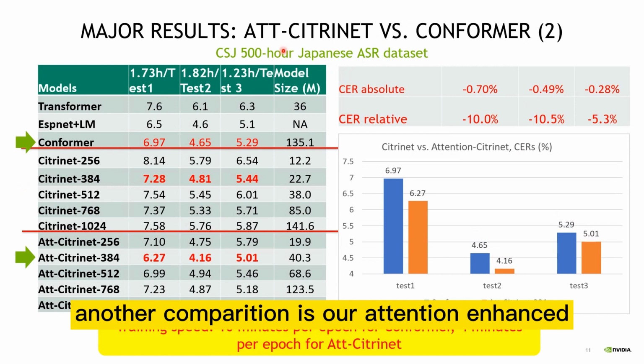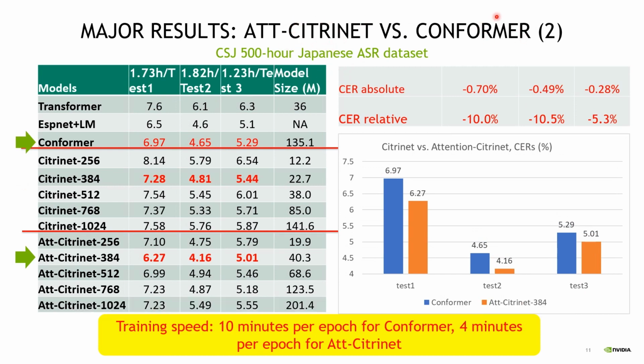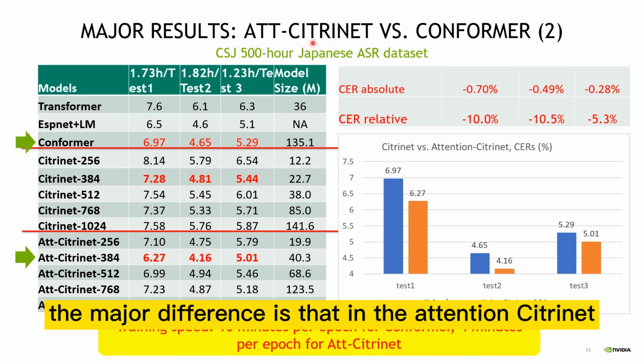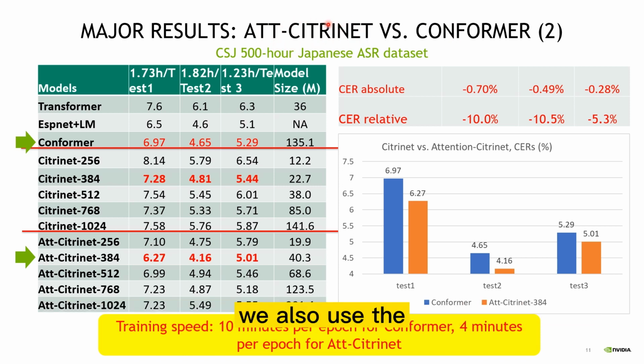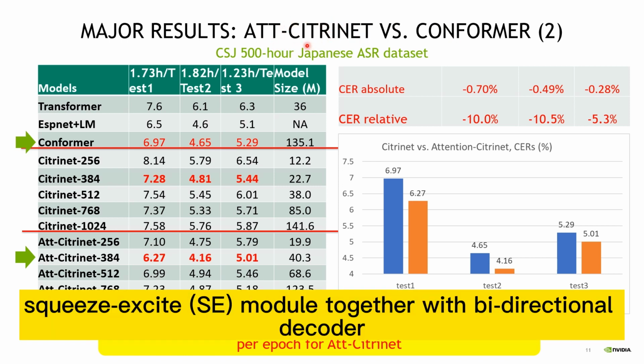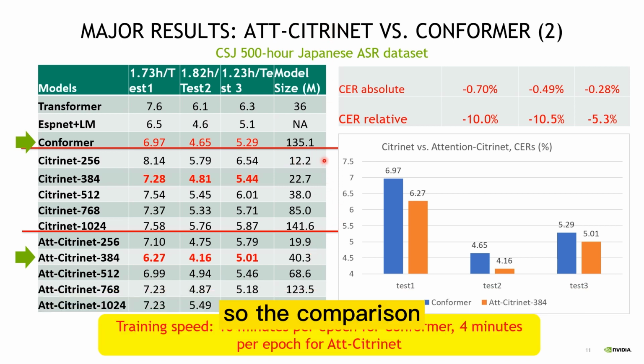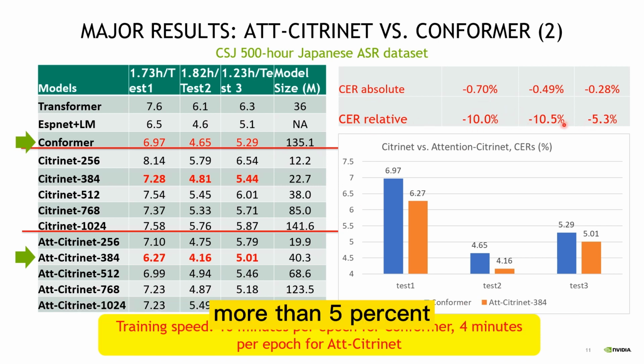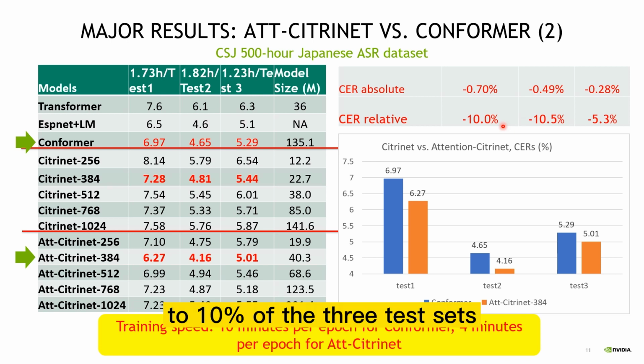Another comparison is our attention enhanced Citrinet with Conformer. Basically, they are quite similar. The major difference is that in the attention enhanced Citrinet, we also use the squeeze-excitation module together with the bidirectional decoder. The comparison shows that we can still relatively improve CER by 5% to 10% on the three test sets.